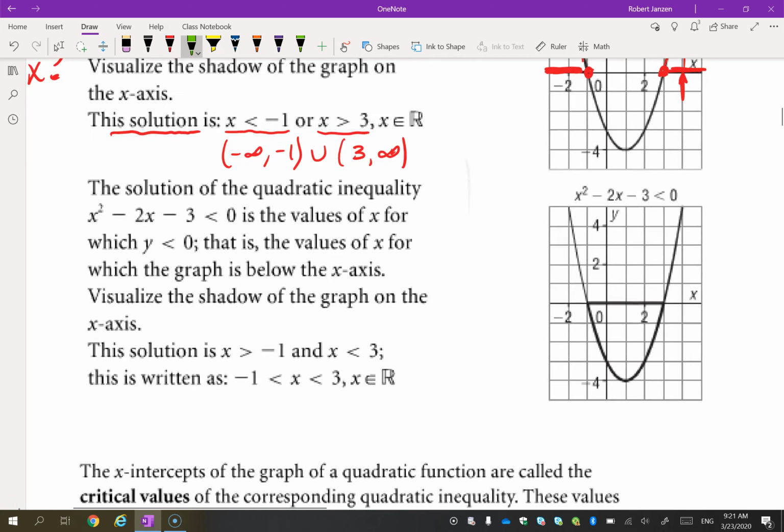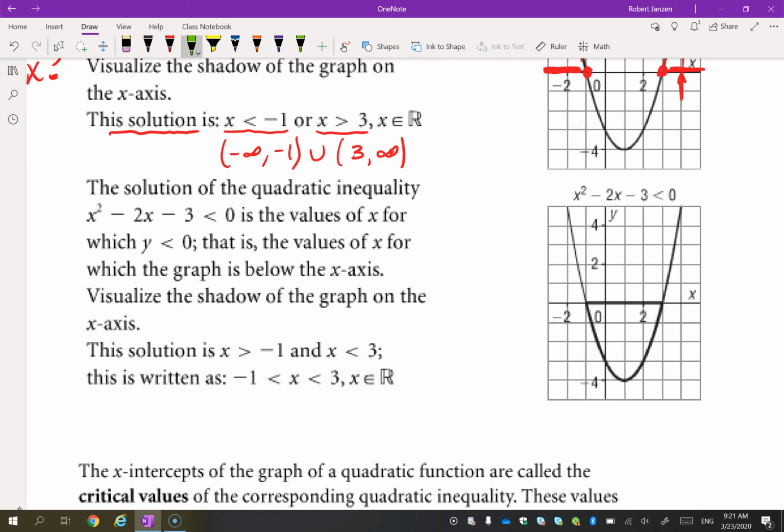All right, let's try another one. So here it's saying, where is this quadratic less than 0? In other words, where is y less than 0? Well, here it's less than 0. So the question is, what is the solution? It's from here to here.